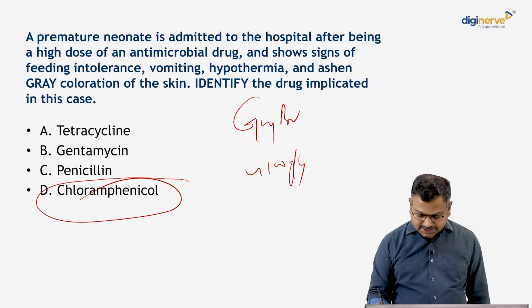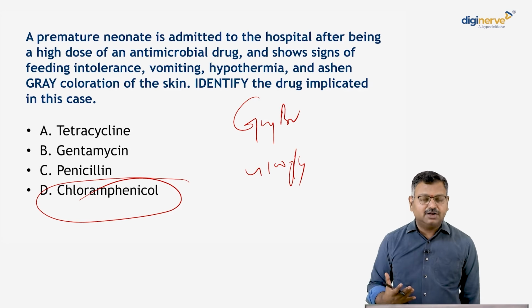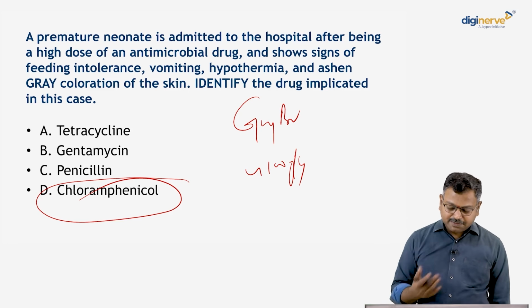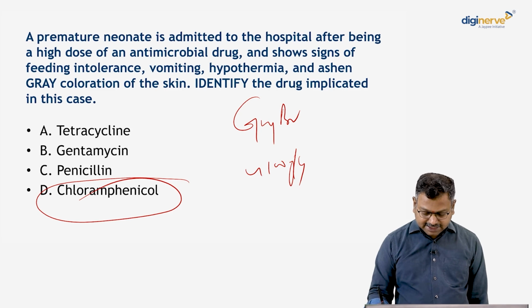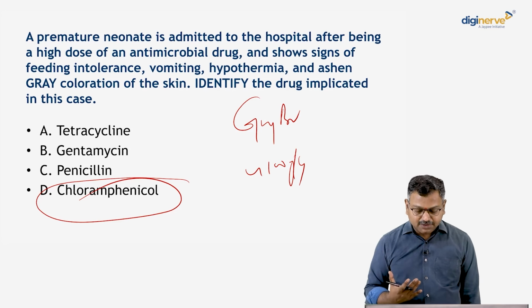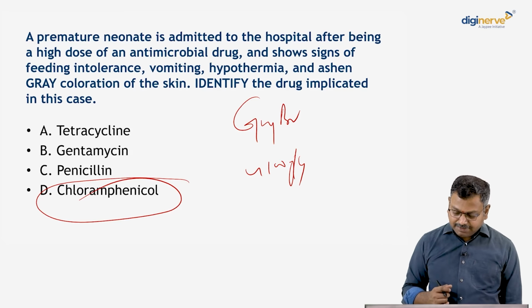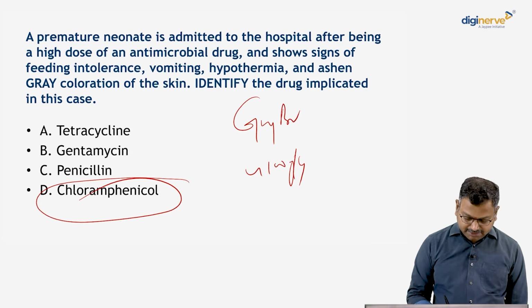The neonate will have feeding intolerance, hypotonia, irregular respiration, and it can cause cardiovascular collapse and death. Tetracyclines cause yellow teeth discoloration, gentamicin is nephrotoxic, and penicillin is generally safe in neonates. Chloramphenicol produces the gray baby syndrome.